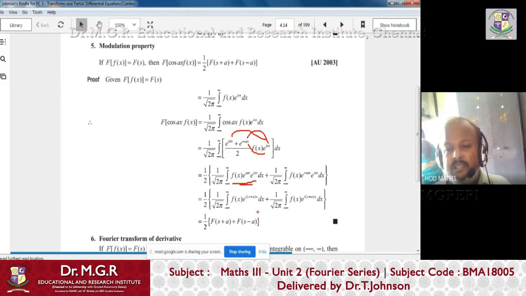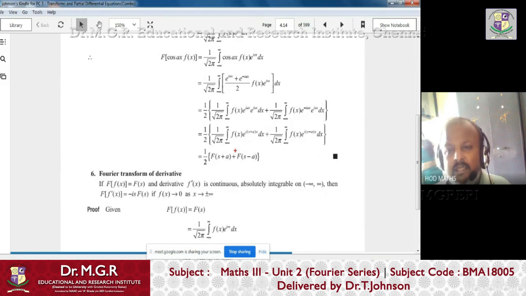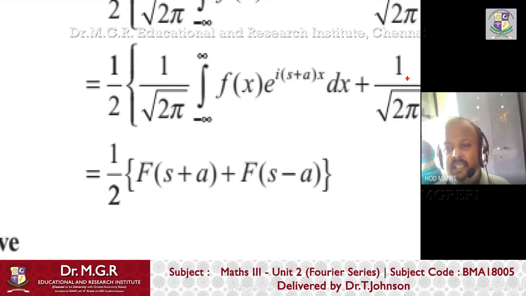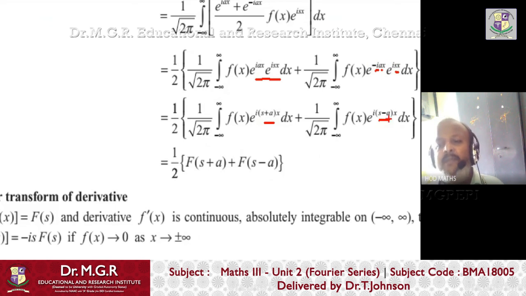In both cases, you can see the notation separately, right? So here you can join these two exponential functions. Apart from s and a, everything is common. So you take s plus a, and here also i and x are there. Here plus a is there, here minus a is there. So s plus a can be written here, and s minus a can be written there.